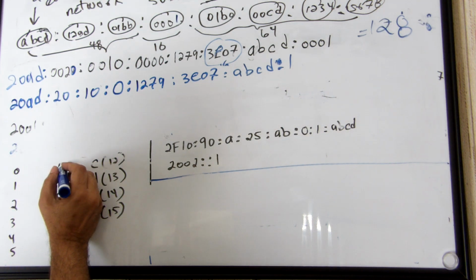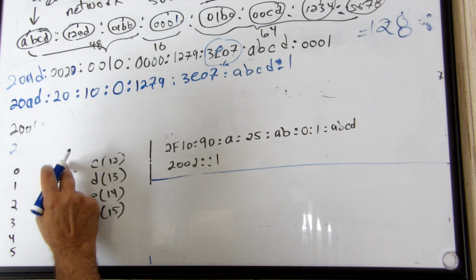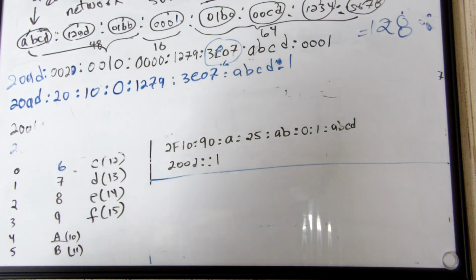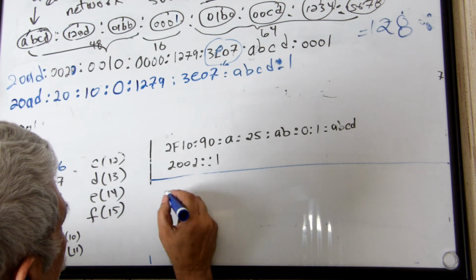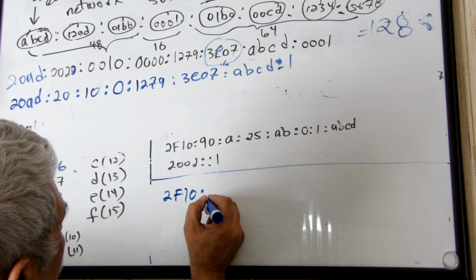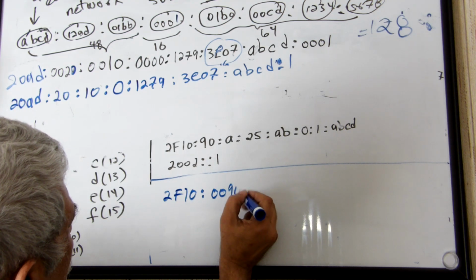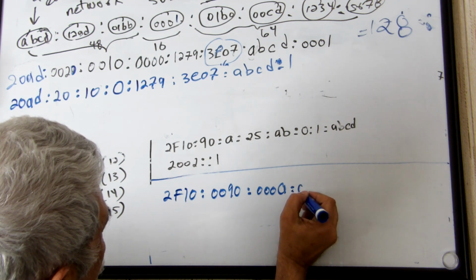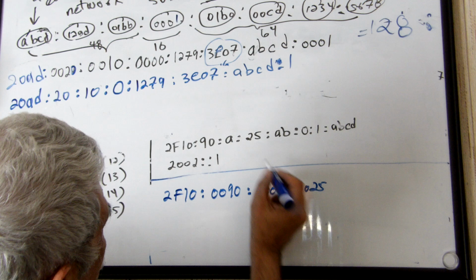0, 1, 6, 7, 8, 9, okay. And expand this one. It's going to be 2F10, 0090, 000A, 0025, because there will be 4 of them.